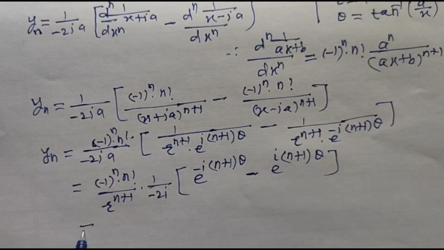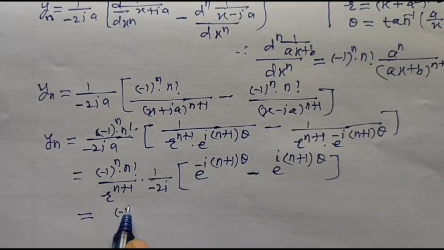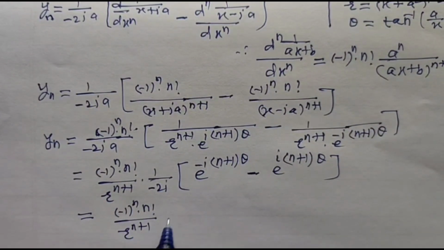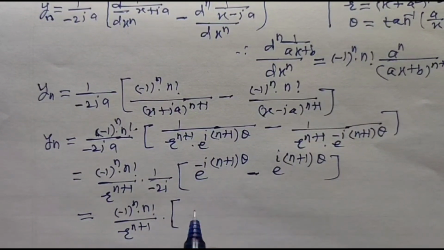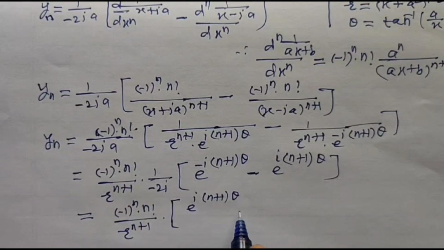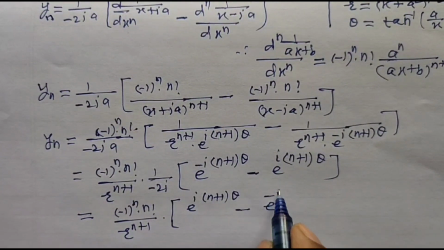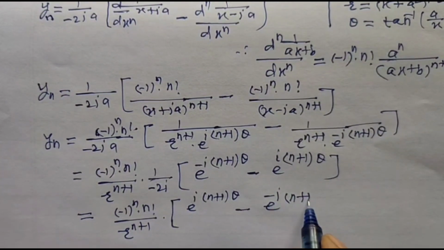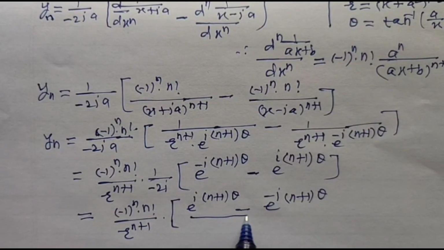So this can be written as minus 1 to the power n factorial divided by r to the power n plus 1 into bracket, taking this term first, e to the power i n plus 1 times theta minus e to the power minus i n plus 1 times theta divided by 2i.